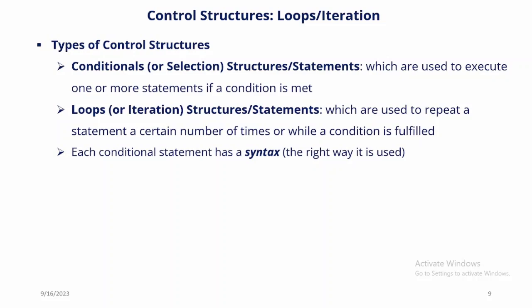Each conditional statement has a syntax, the right way it is used. In the same way, each loop statement has a syntax. There are several types of loops in Python. We have been familiar with for loops right from the earlier parts of the class, but today we are going to dwell more on while loops.